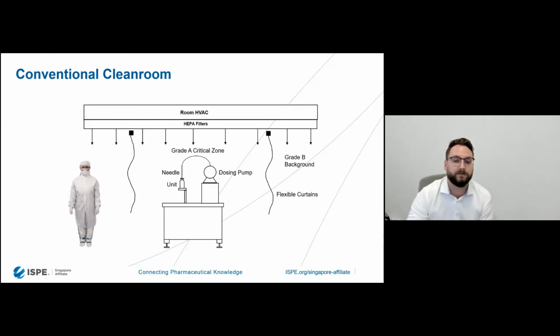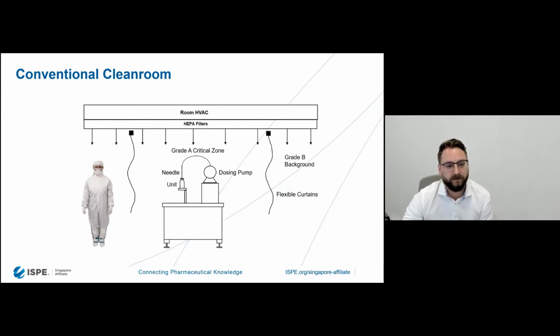So the operator has to perform these interventions with the smoke studies to ensure they still have laminar flow flowing down and away from the machine. So with the conventional clean room, it's very difficult to control the operator's impact on the airflow. Operators are all different shapes and sizes. They move differently. Right-handed, left-handed, they're all going to react differently when they're inside the critical zone.